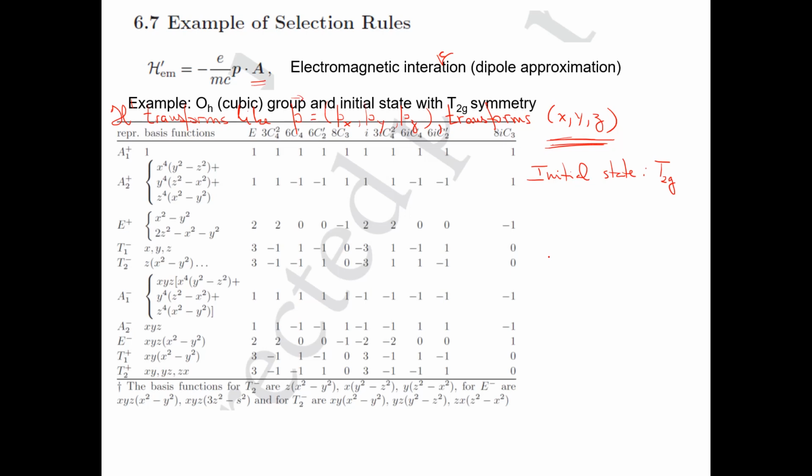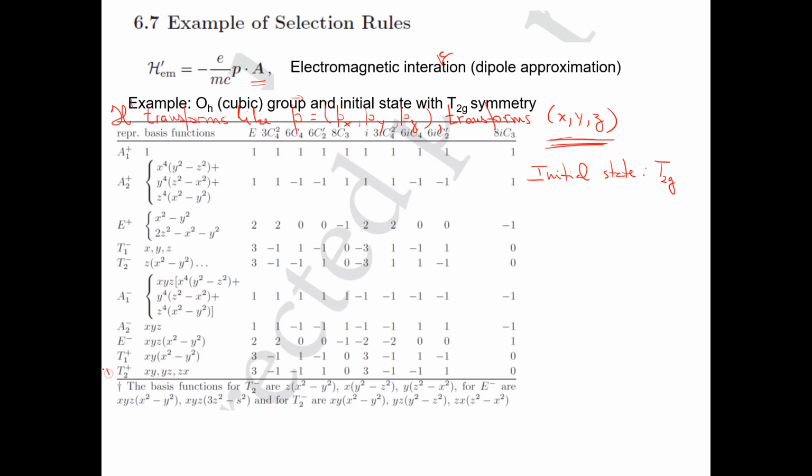All right, so this is the character table of the OH group. This is a slightly different notation. Instead of A1U, A1G, and so on, it uses plus and minus signs. But this is the same idea. So T2 plus means the representation that is even under inversion.